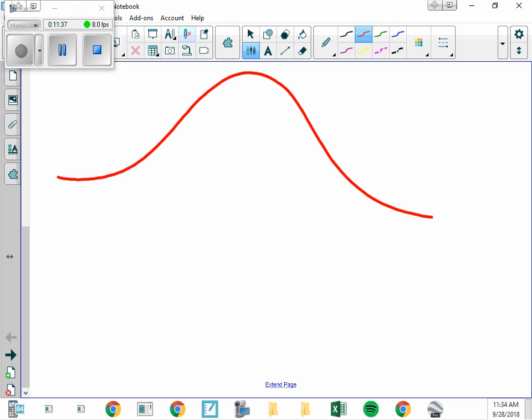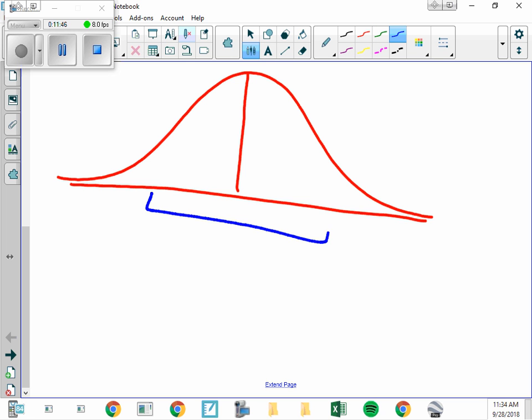Okay, so here we go. So let's say that my plus or minus 1 SD was this big. Okay? Now, if I throw away the outliers, what happens to my SD? It becomes smaller. Which one is correct?